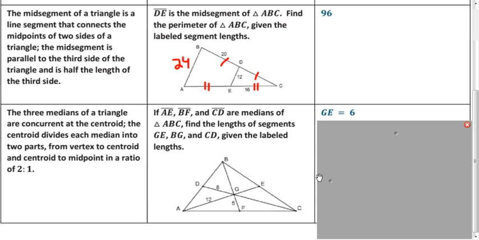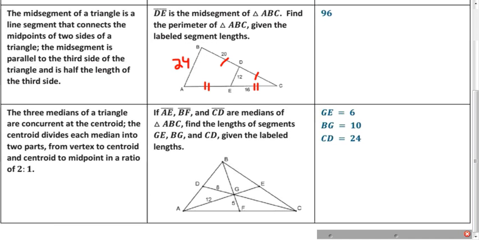To find BG, that's from the vertex to the centroid, and since this is 5, it must be double, 10. And CD is the whole median. We know that the small piece, from the centroid to the midpoint, is 8, so it's going to be triple that, 24.